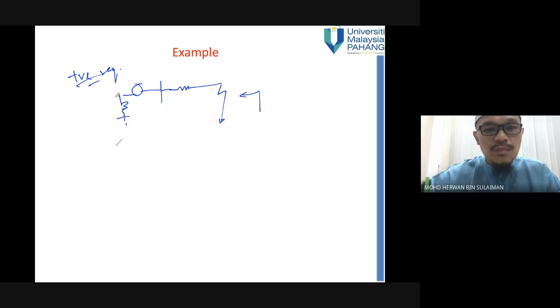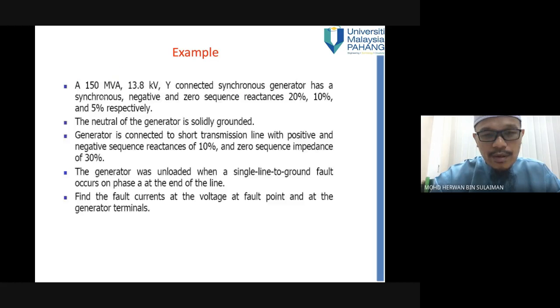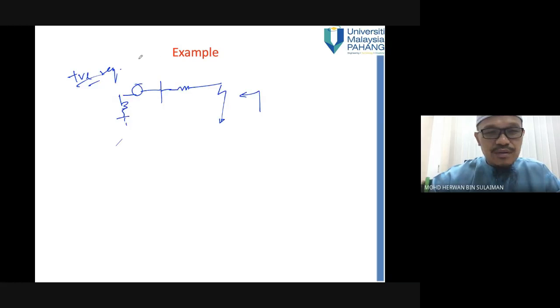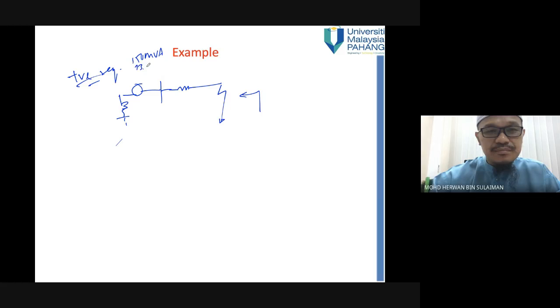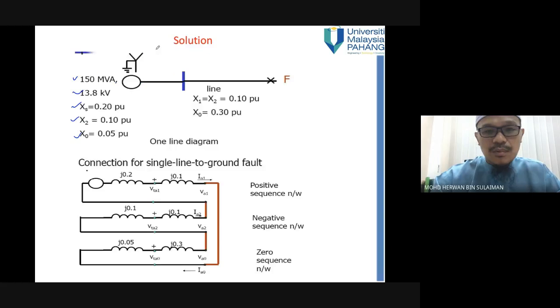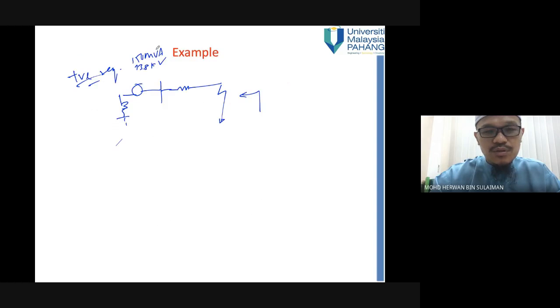Okay, so you have 150 MVA, easy, 13.8 kV, and then positive sequence 0.2. So this one is J 0.2.